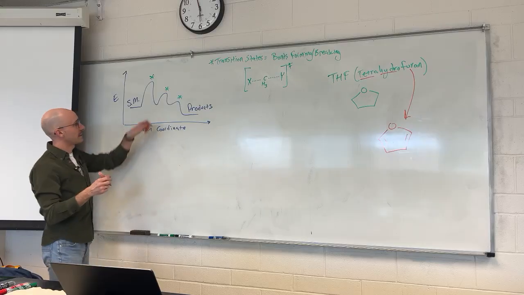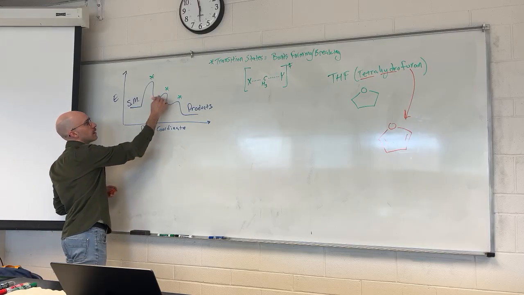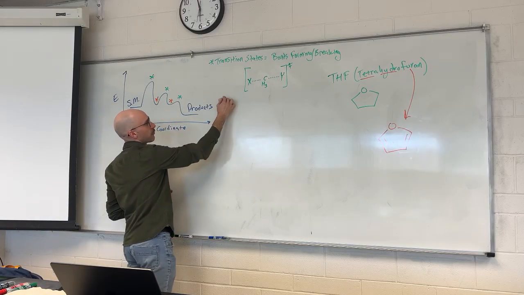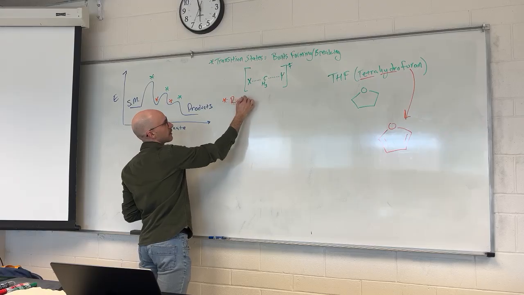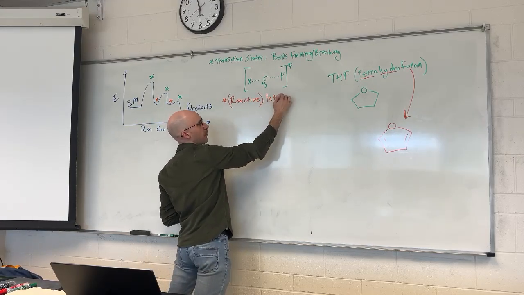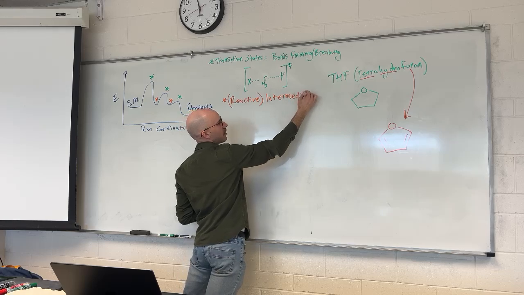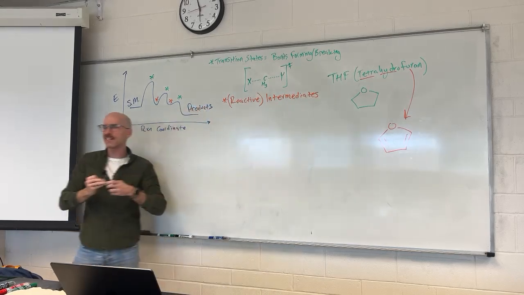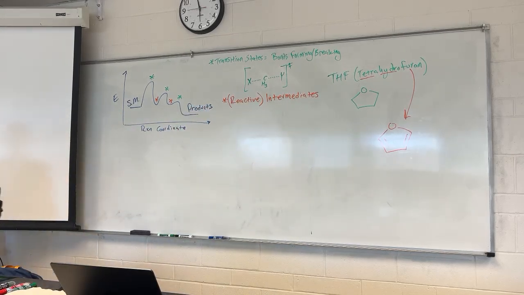In these little valleys, we have reactive intermediates. I'm going to put reactive in parentheses because we don't always refer to these as reactive intermediates. A lot of times we'll just refer to them as intermediates. But the term reactive intermediate implies something useful. It implies it's not stable.